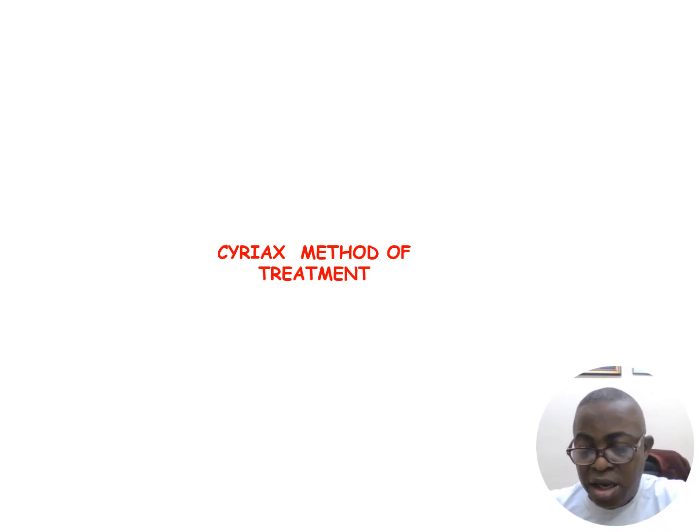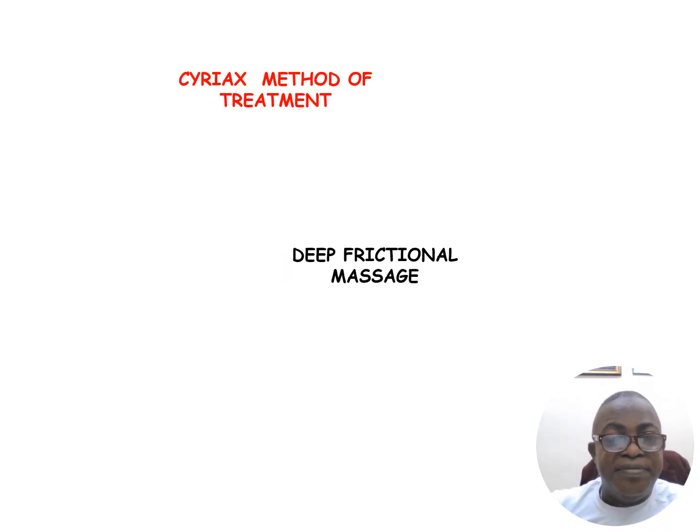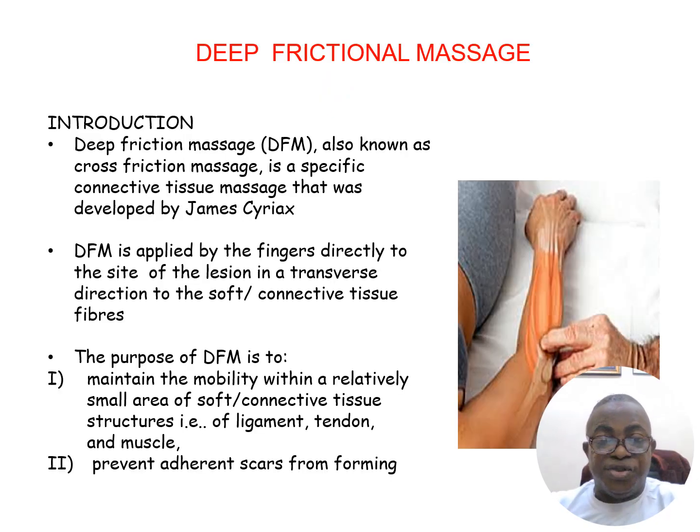Okay. Right. So what are the methods that Cyriax advocated for management? We have deep frictional massage, which is one of the methods that Cyriax advocated for treatment. I know you've had a tutor on deep frictional massage, but simply put, deep frictional massage is a connective tissue massage that was first described by James Cyriax.